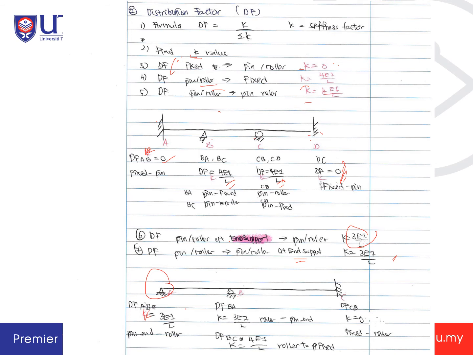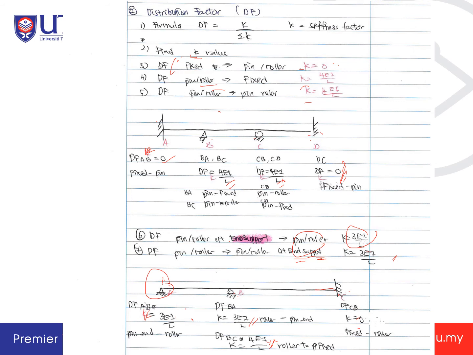BA is also 3EI over L because the end is pin. So for the modified distribution method, as long as the end support is pin or roller, then it must be 3EI over L. And then pin to fix will be 4EI over L, and then fixed end will be 0. So this is the K value.